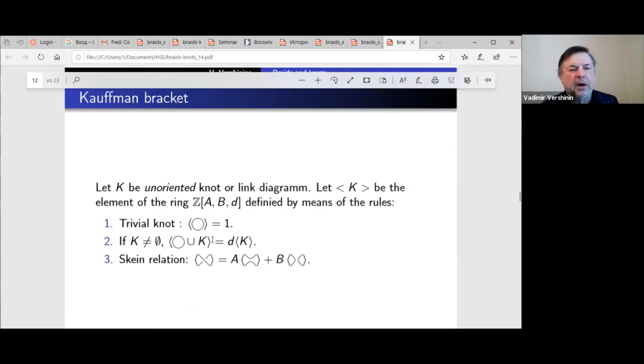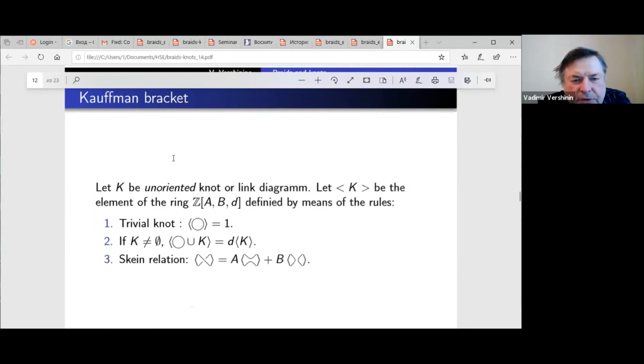And then our skein relation, better to say Kauffman skein relation, is the following. If you have a crossing, without orientation, then you are not considering skeins which are usually with given orientation.